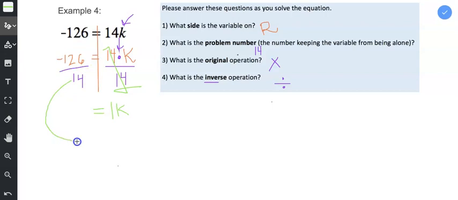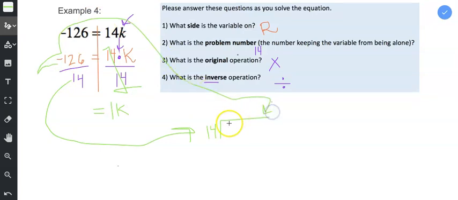Remember, the denominator 14 is like the horse and it stays on the outside. The numerator is like the writer in the picture and the writer goes on the inside. So 126. And I just left those both positive because I know that a negative divided by a positive, the result is going to be a negative. Again, you don't have to know that yet. You're going to learn that later in the year.